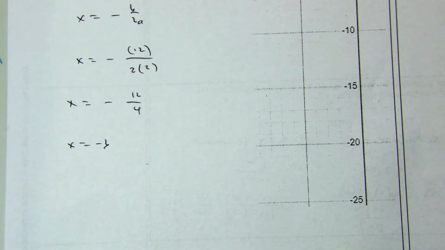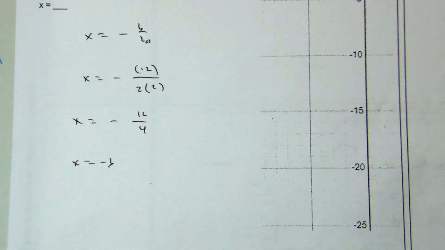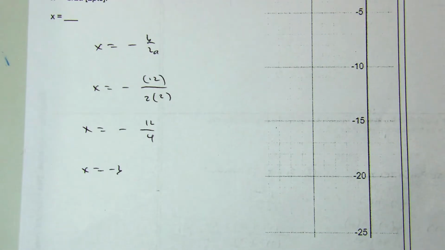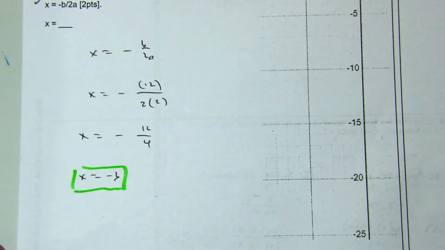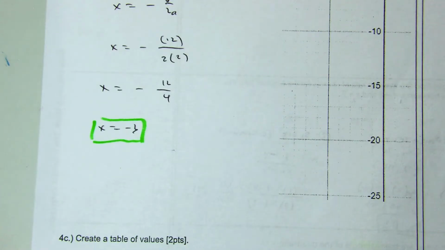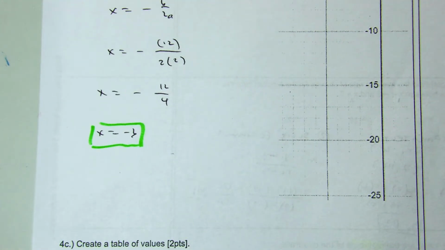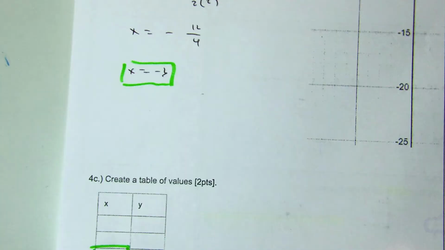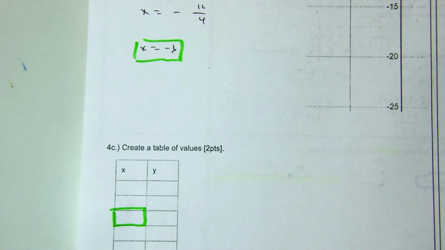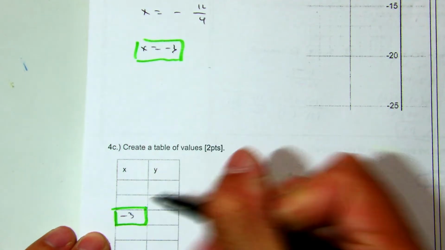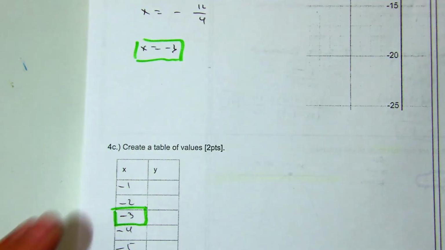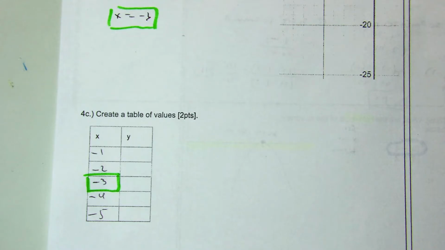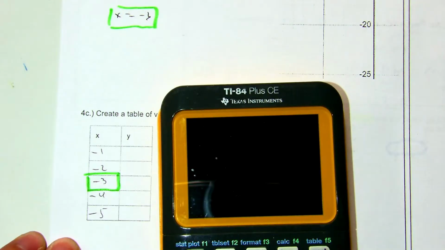For question 4b, we found in the previous problem x equals negative 3. And this is what goes into the middle of my graph. So from here, I think of the x number line: negative 2, negative 1, negative 4, negative 5. You can put that into Desmos. I have a calculator here.